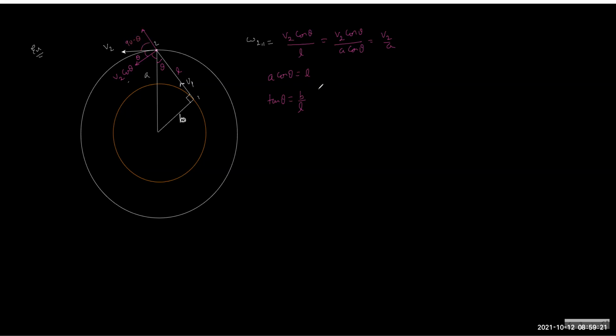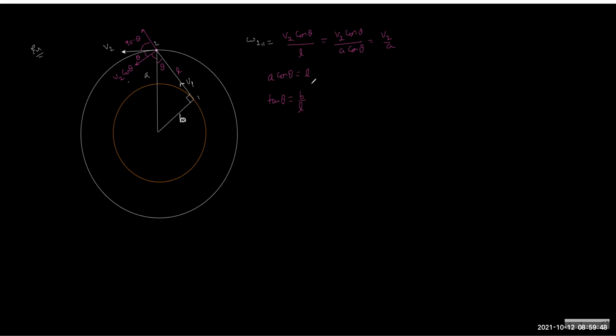So this question is clear. Any doubt in this? I think this is pretty much straightforward. We need to resolve the velocity along the line joining the particles and normal to it. The parallel component will not create the relative motion, no rotation.